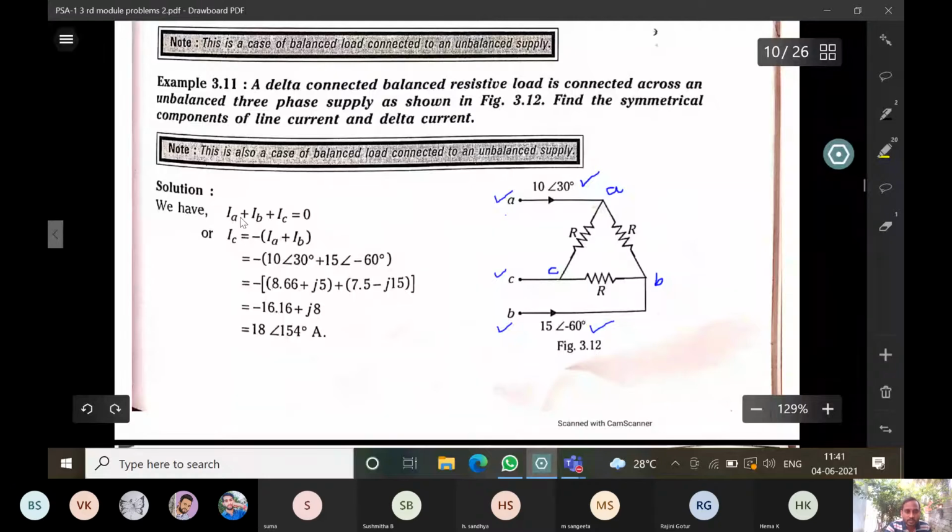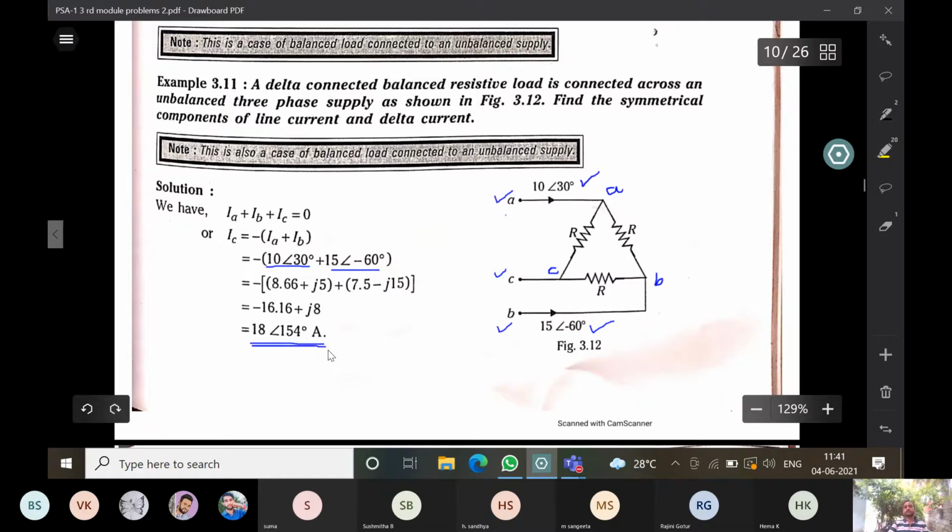So in this summation, take IC outside. This gives IC equals minus of IA plus IB. Substitute the IA value 10 at an angle 30 degree and the IB value 15 at an angle minus 60 degree, and calculate the IC value.